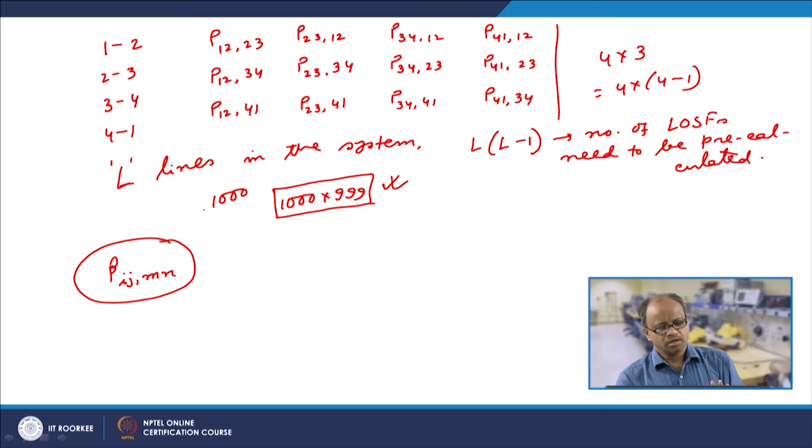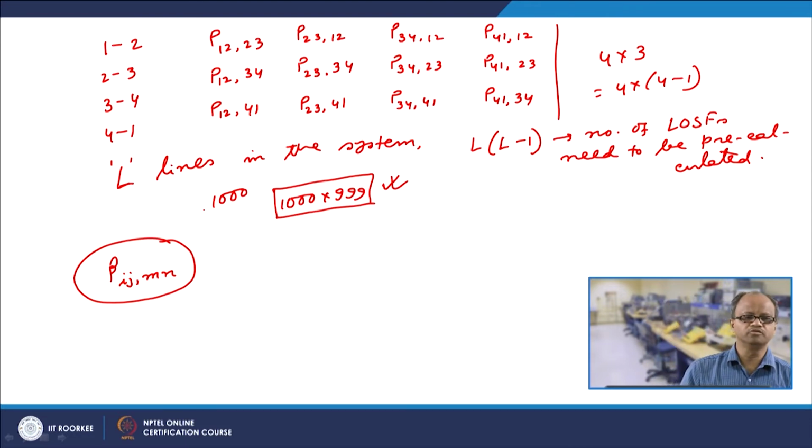Now, after this brief discussion about LOSF, we will look into the detail of how to calculate GOSF. So far we have only been saying that if we know the values of GOSF and LOSF, then we can calculate the new values of power and so on.